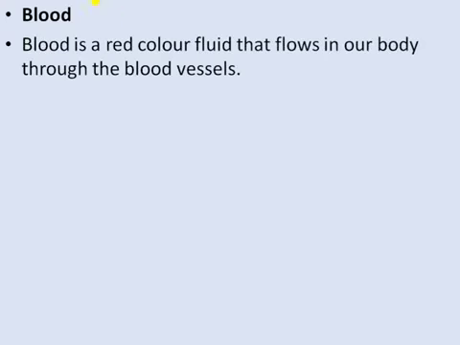So basically the blood is a red color fluid that flows in our body through the blood vessels. Okay, this is blood. So here are the functions of the blood. There are various functions of the blood in our body.